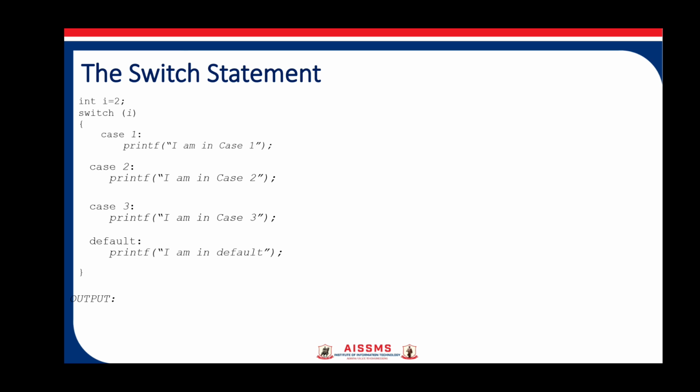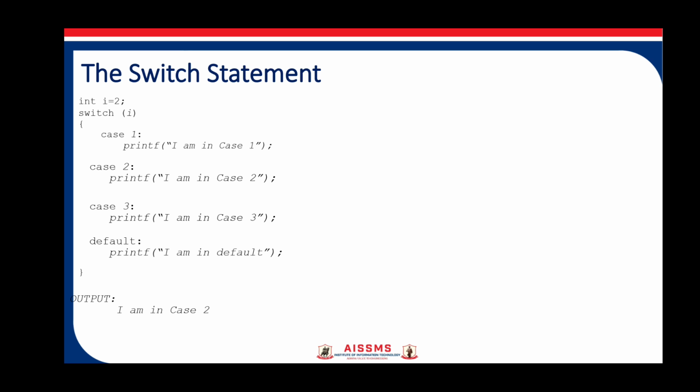First the expression I is evaluated. Here the value of I is 2, so this value is matched with all the case values. First it is not equal to 1, so that part will be skipped. Then it will match with case 2. As it matches with case 2, it will print I am in case 2.